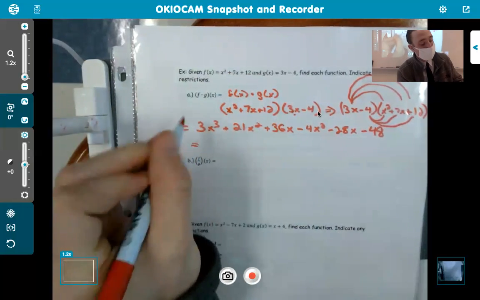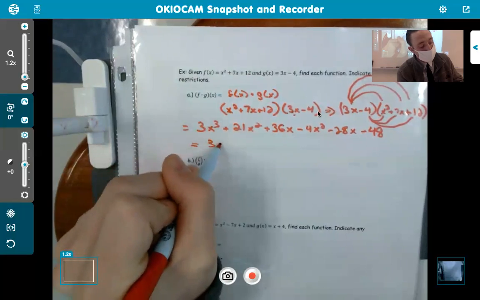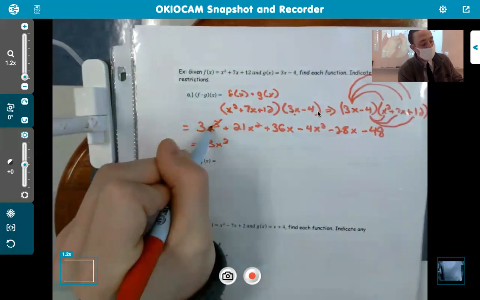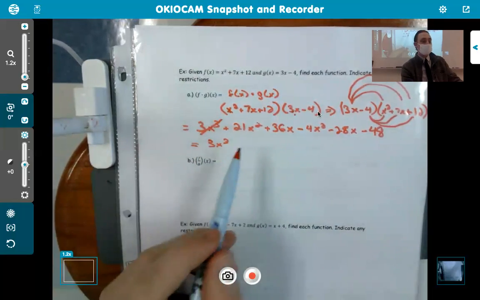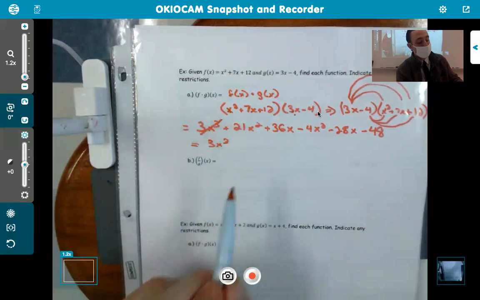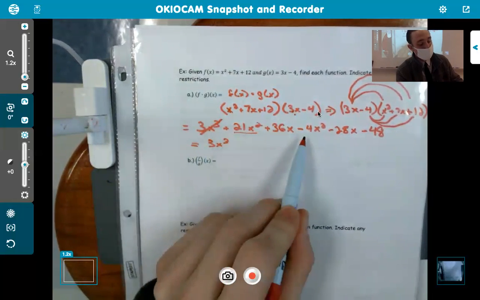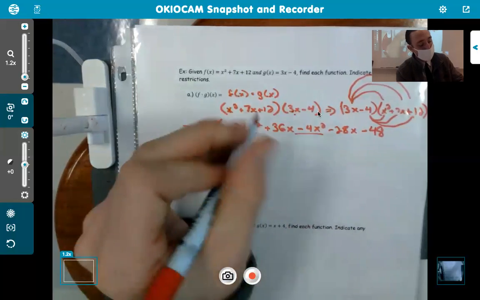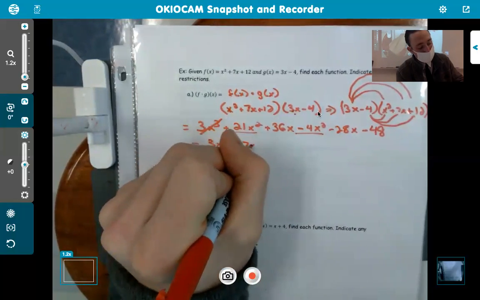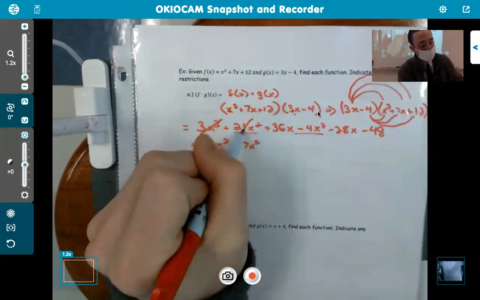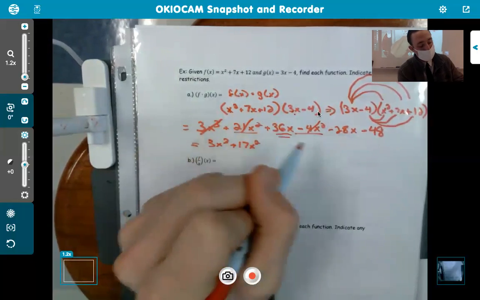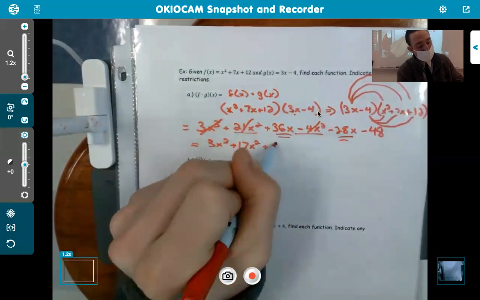Now I'm going to go through and combine these like terms. So 3x cubed, I don't have another x cubed term. Remember, a strategy I said to use is after you use a term, cancel or cross it out. 21x squared and -4x squared is going to give me 17x squared. 36x minus 28x is going to give me 8x.